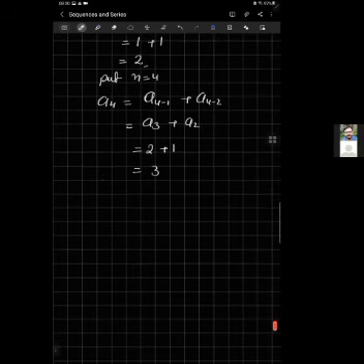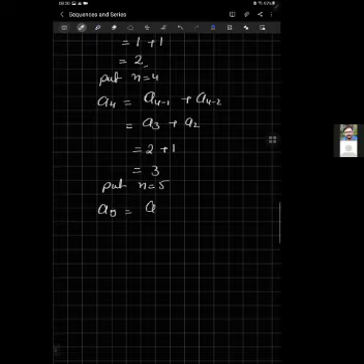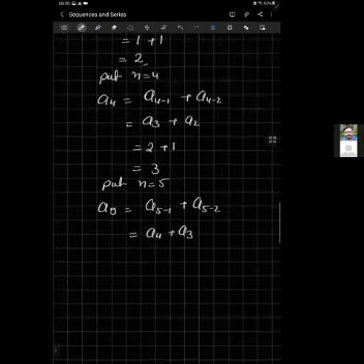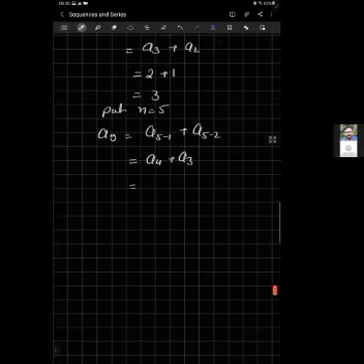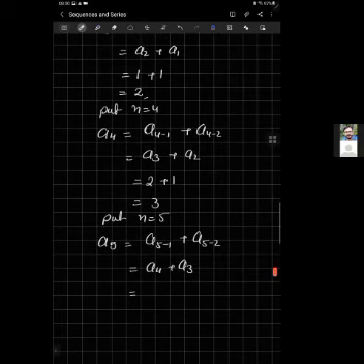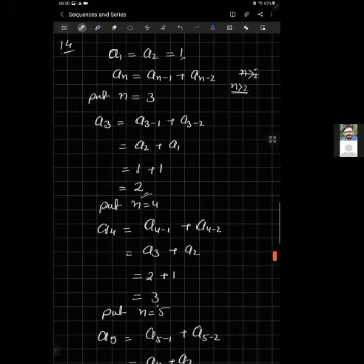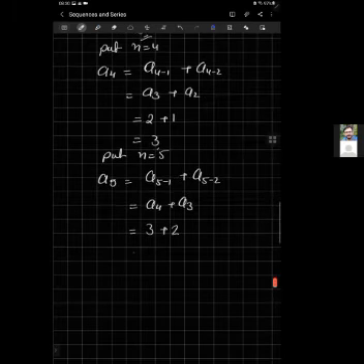Now next, put n is equal to 5. a5 is equal to a4 plus a3. The value of a4 is 3 and the value of a3 is 2. It becomes 5.